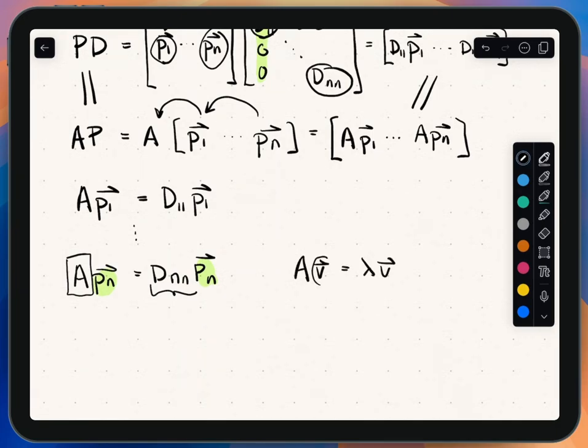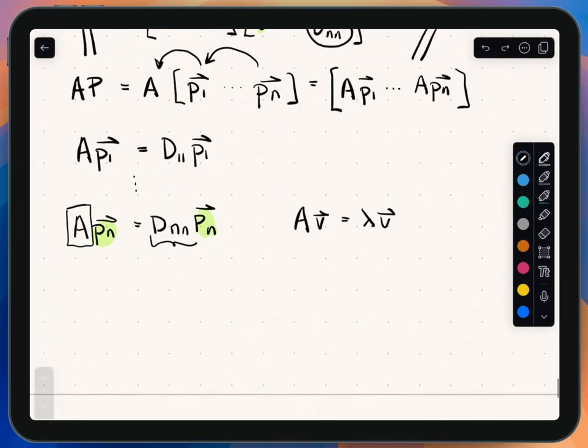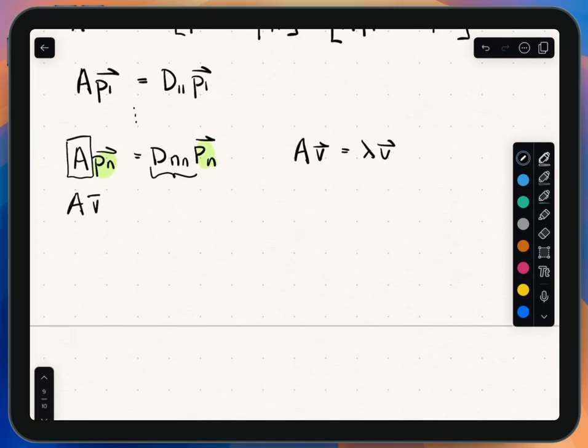Where we apply some linear transformation, in this case A to v, we get it scaled by some number, but we preserve the v. And voila, it's actually the same thing. So that means that in this diagonalization, the diagonal values of D are composed of the eigenvalues, and the P matrix is composed of the eigenvectors.